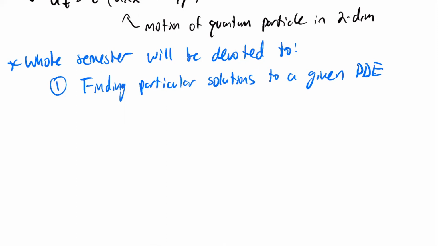And so this is something we'll spend, of course, a lot of time talking about, in particular starting the next lecture. But there's also an equally important related line of investigation, which is a little more abstract, which we're also going to be pursuing throughout the semester, which is to mathematically analyze properties of solutions in the abstract.